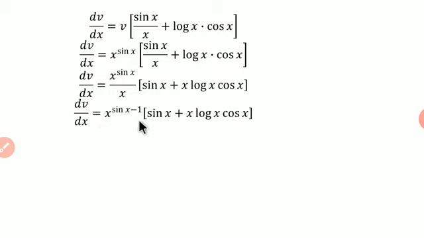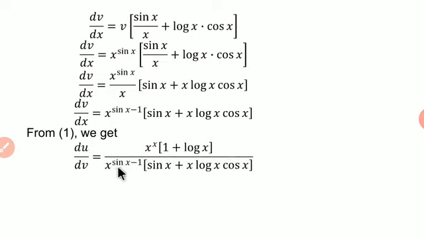Now substituting both the values in relation number 1. Therefore, from equation 1, we get du upon dv is equal to x raised to x into 1 plus log x divided by x raised to sin x minus 1 into sin x plus x log x into cos x. Now if we write this x raised to sin x minus 1 in the numerator, the index becomes negative.